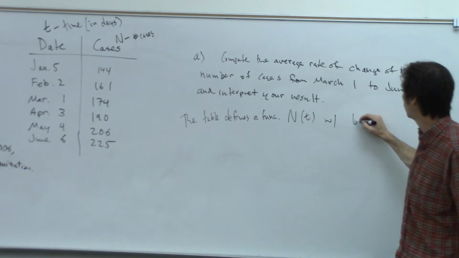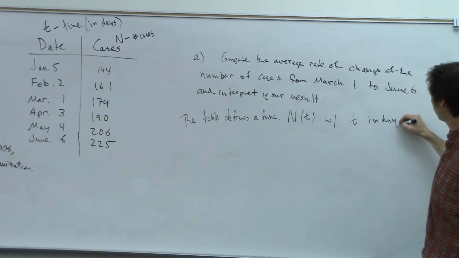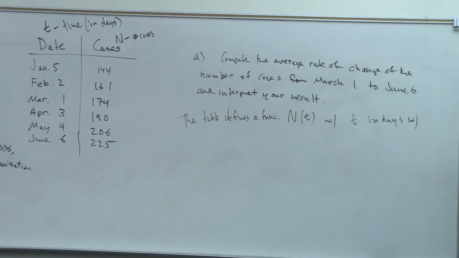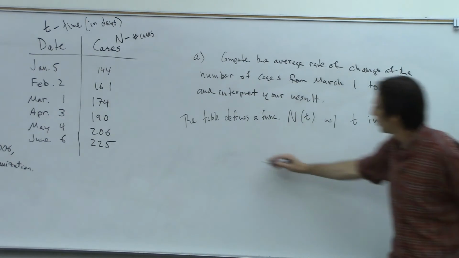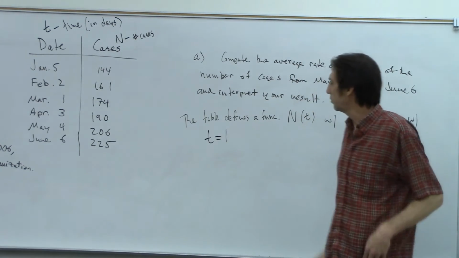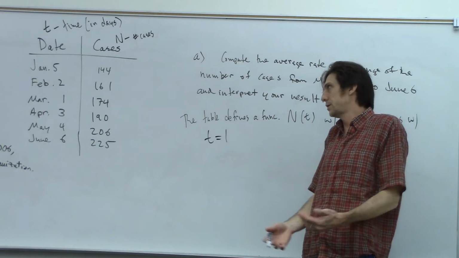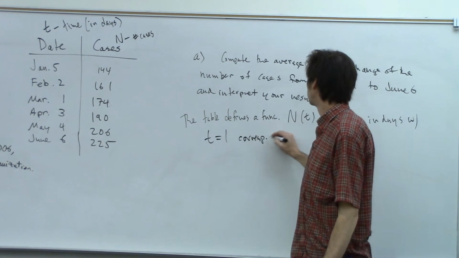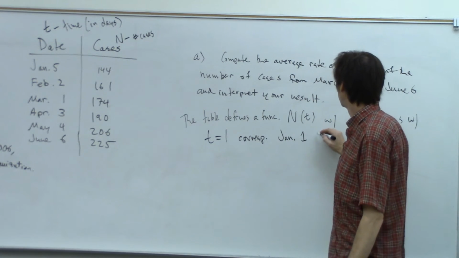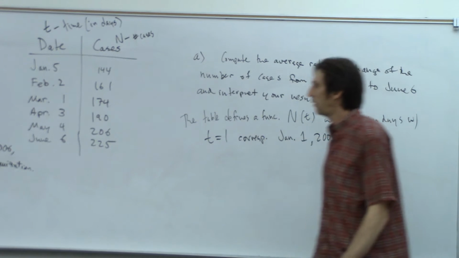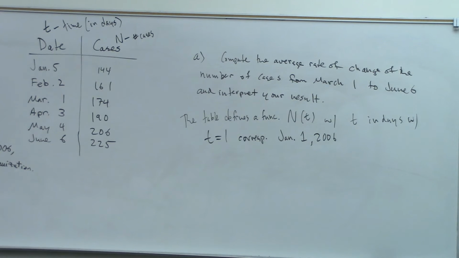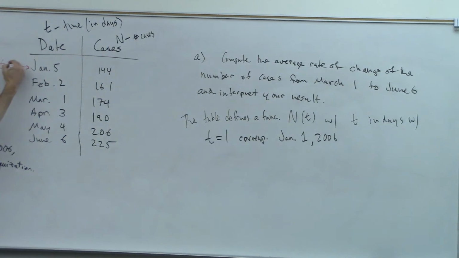And like I pointed out, the time variable is in days, with the following assumption, which is something that I'm choosing here: I'm going to choose t equals 1 to be January 1st of 2006. So if t equals 1 is January 1st, January 5 in the table is the t value 5.